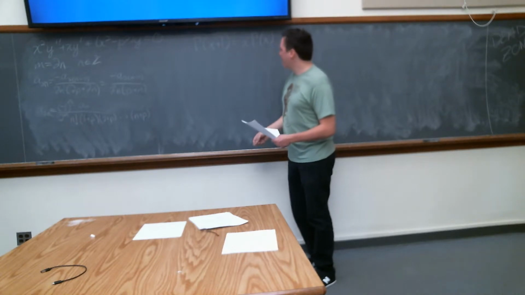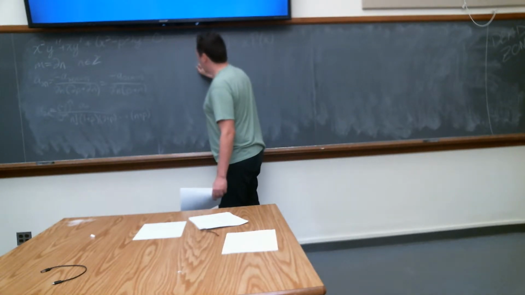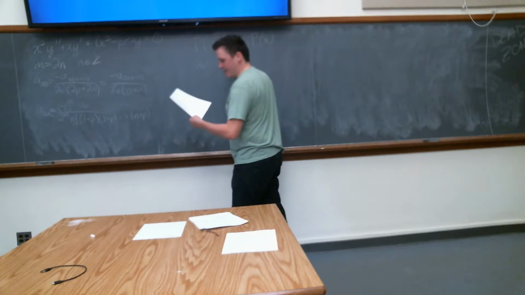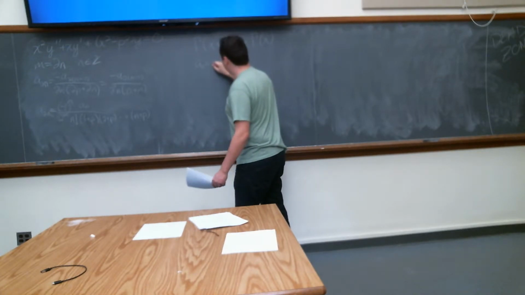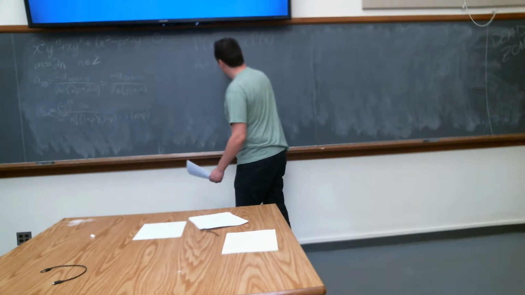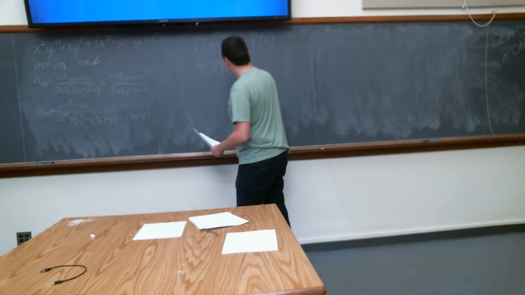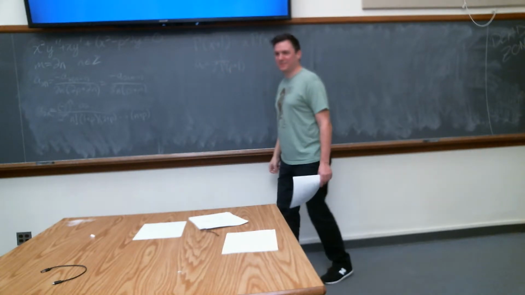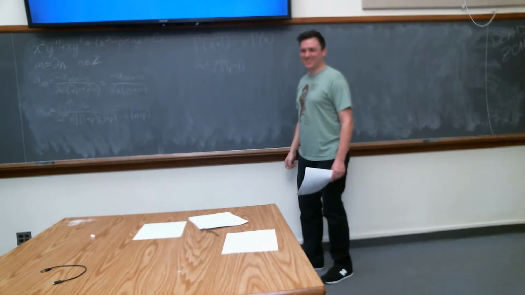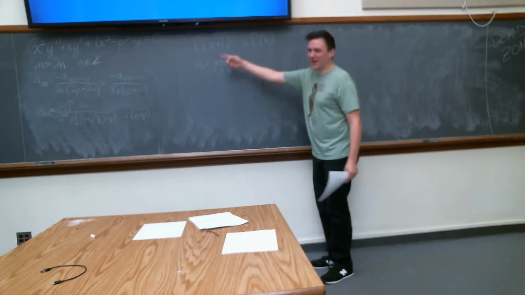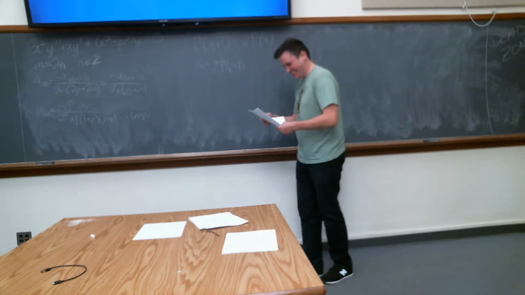So if we have that, and we make the obvious choice, clearly, that A naught is equal to this, yeah, that's the face you should make. There's nothing obvious about this at all.